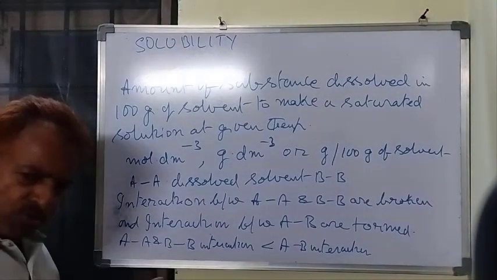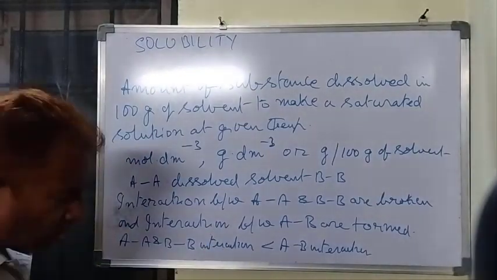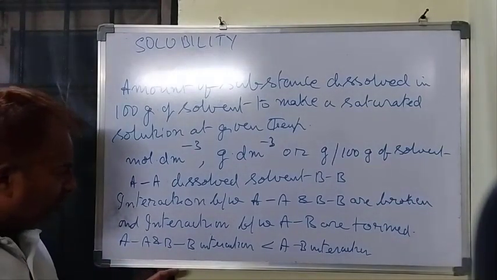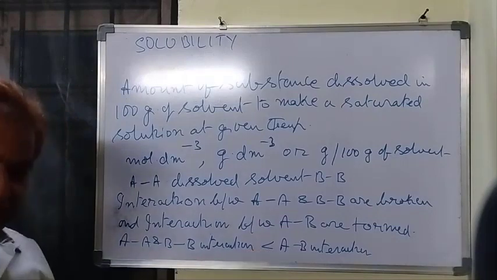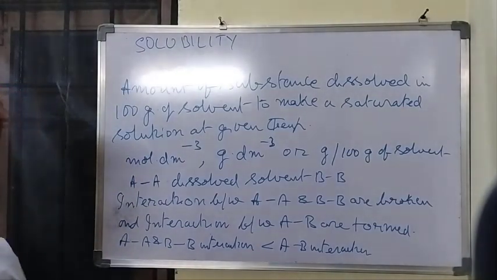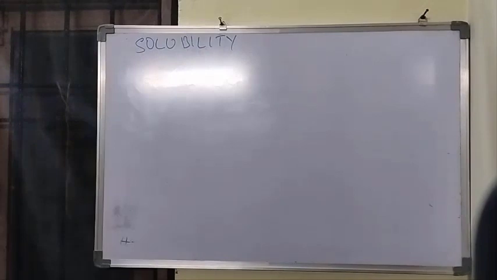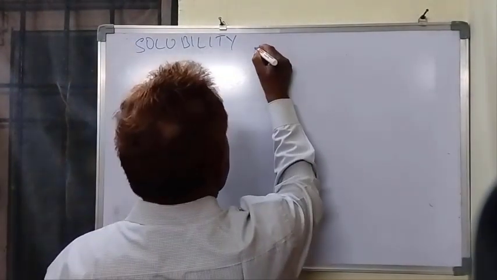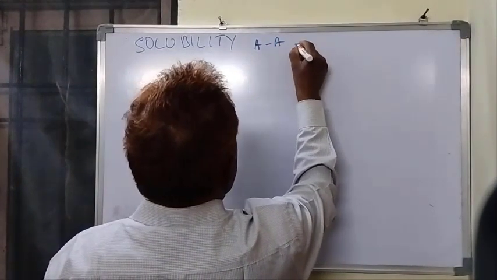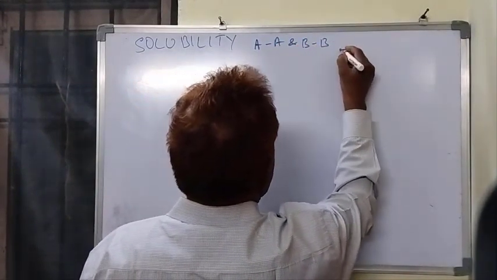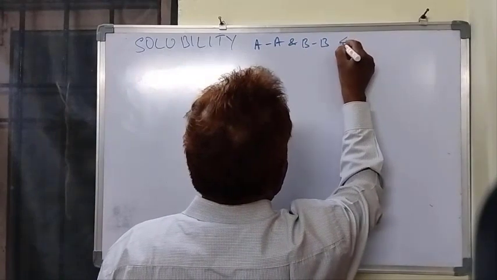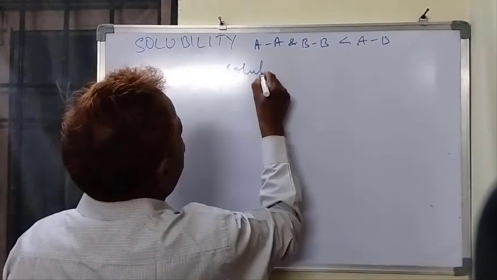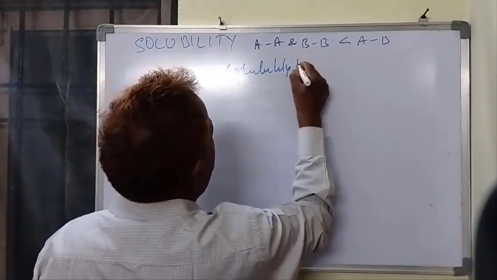The solute A dissolves in solvent B. If the interactions between A-A and B-B are greater than the A-B interactions, then the substance does not dissolve. So, if A-A interactions and B-B interactions are smaller than A-B interactions, then solubility takes place.